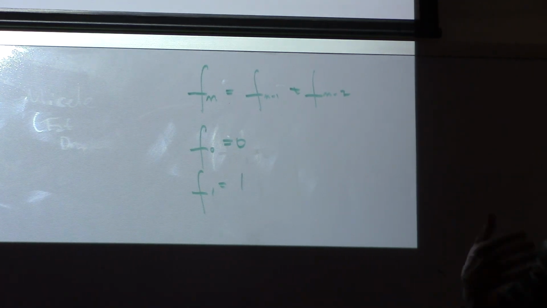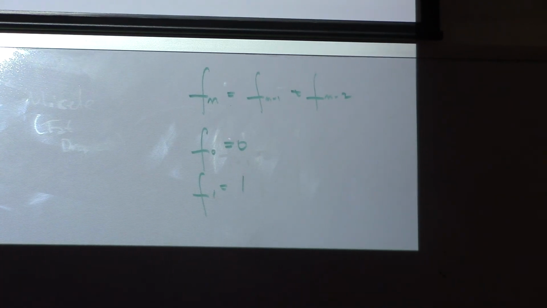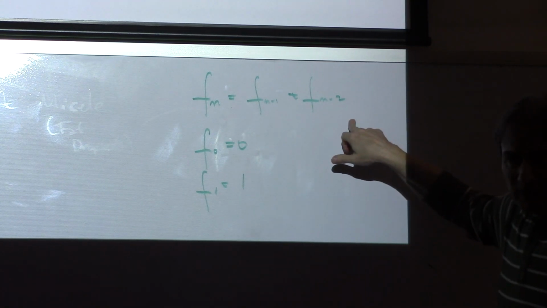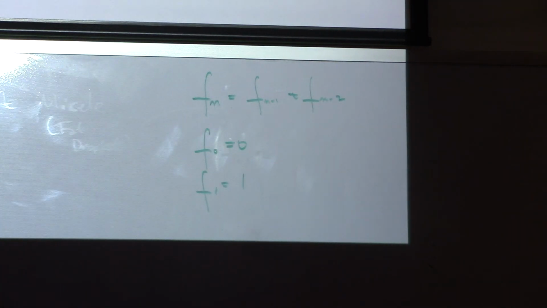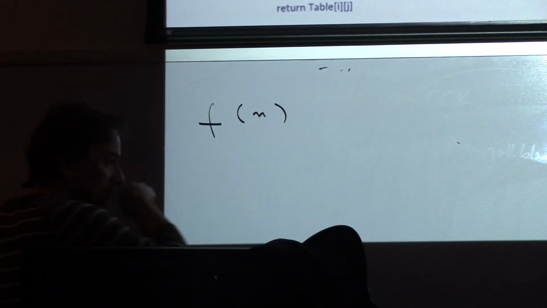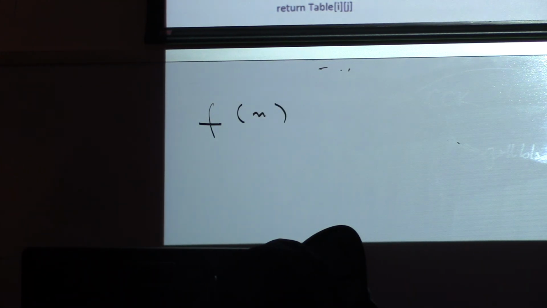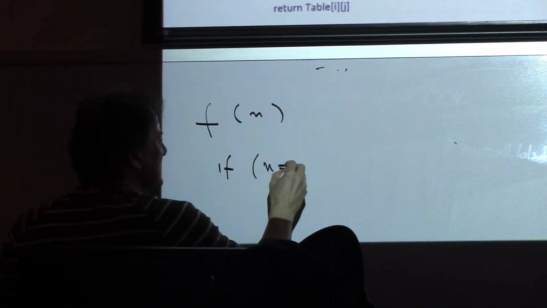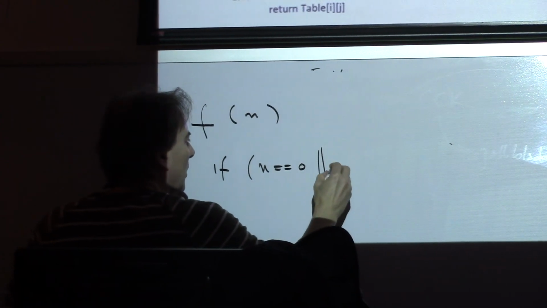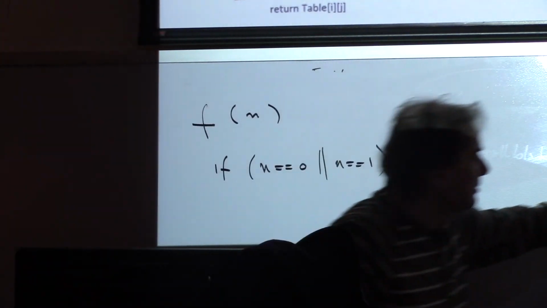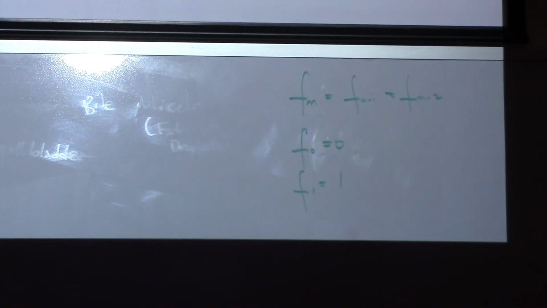So, we can write a recursive function for that, right? Because basically, we see that there's a recurrence. So f of n is equal to this plus this. We would write the recursive function like this. Fibonacci of n. What's the first condition we're going to check? If n is equal to 0 or n is equal to 1, what does that mean? Then I'm looking for the 0th or first Fibonacci number.